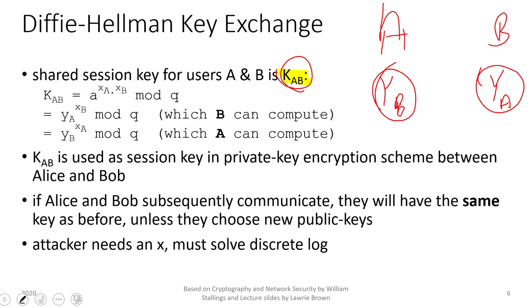We have calculated the keys in the same manner. So the inverse or the opposite action will happen at both ends. So both of them will have the same keys. So now this KB can be used as a private encryption key for communication between A and B.